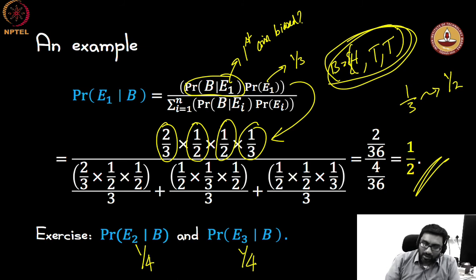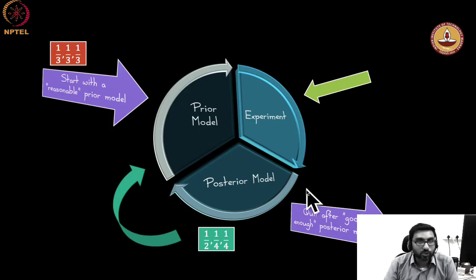So this one experiment changed our understanding a little bit, but we still don't have complete understanding. We'll have to perform this experiment again. So this 1/2, 1/4, 1/4 will become our new prior model, and we'll have to repeat to further refine our understanding of the worlds. And that's what is shown over here.